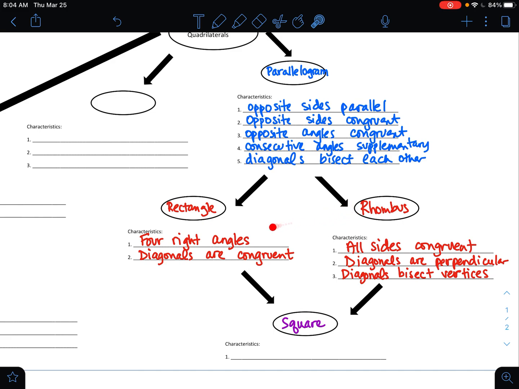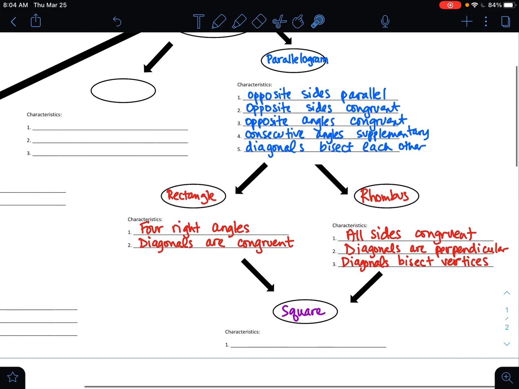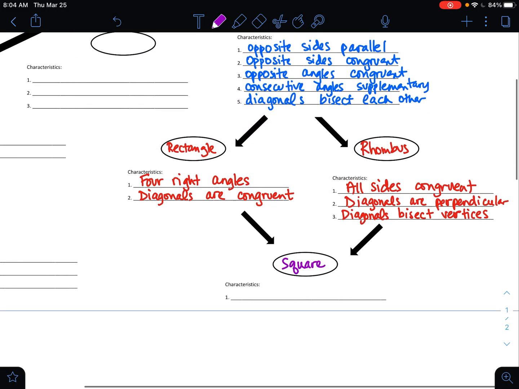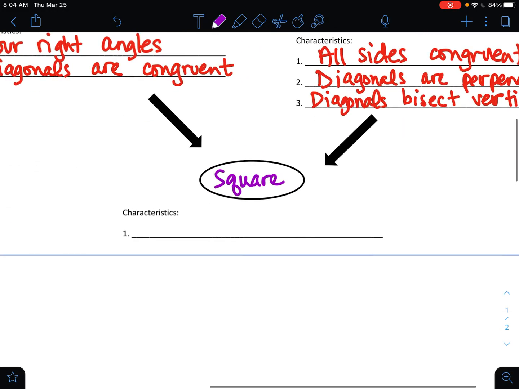So if a rhombus has 4 right angles, then we're down to a square. If a rectangle has 4 congruent sides, then it's actually a square. So these 2 are right next to each other. Now, square is under all of this because everything above contains the properties that a square has. So I'm going to just write all of the above.